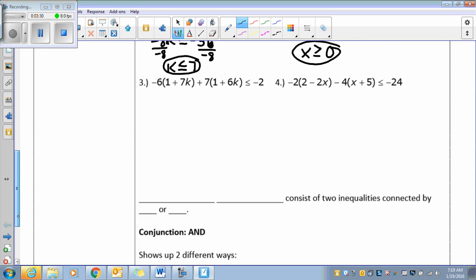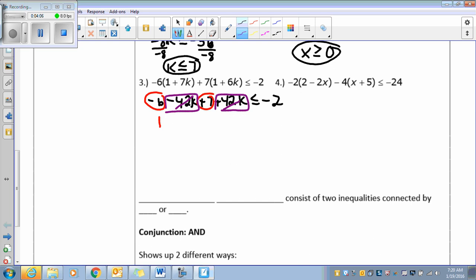Alright, number 3. Again, we have to first distribute, so we have negative 6 minus 42k plus 7 plus 42k is less than or equal to negative 2. Now we can combine like terms on the same side, so we have negative 6 and we have 7, which gives us 1, and then we have this negative 42k and positive 42k, which actually give us 0, so we aren't left with anything.